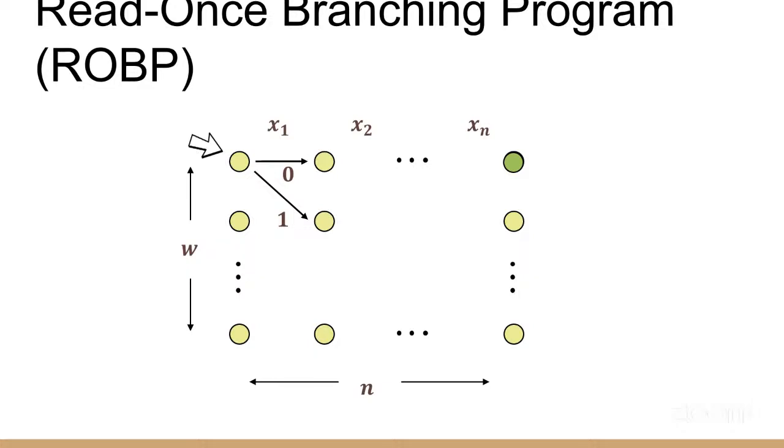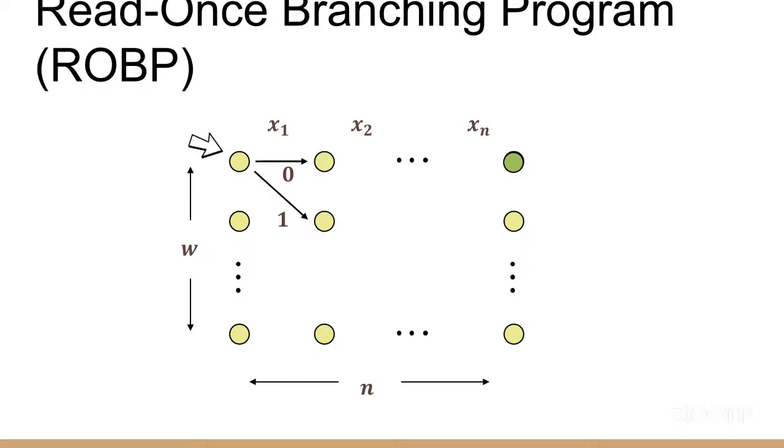No, so you start from this start vertex, and then you go on. Let's say you get a 1, and then maybe another 1 or a 0. This computation is defined for every n-bit input.